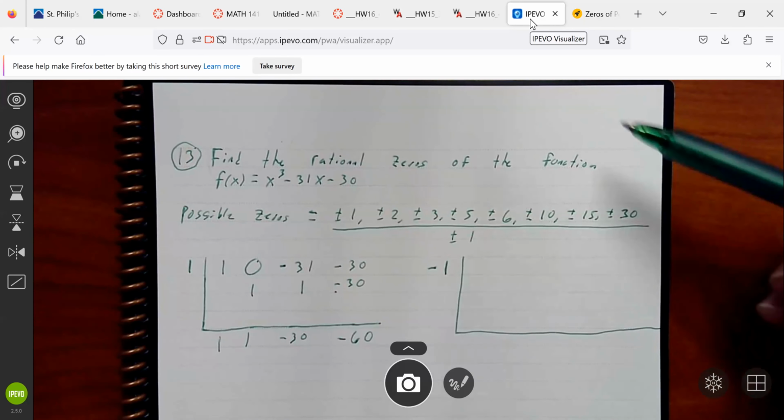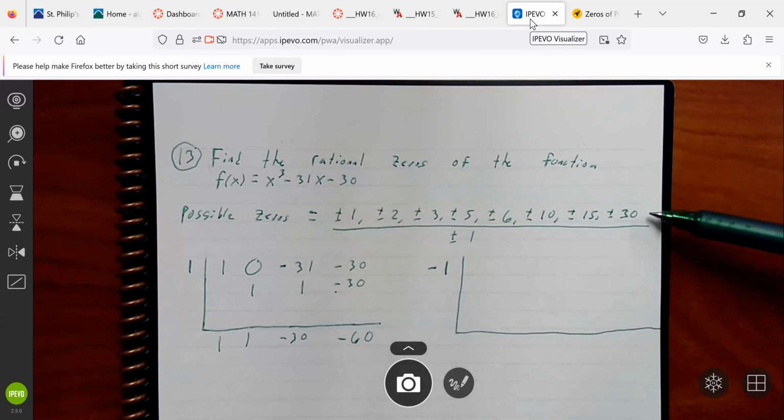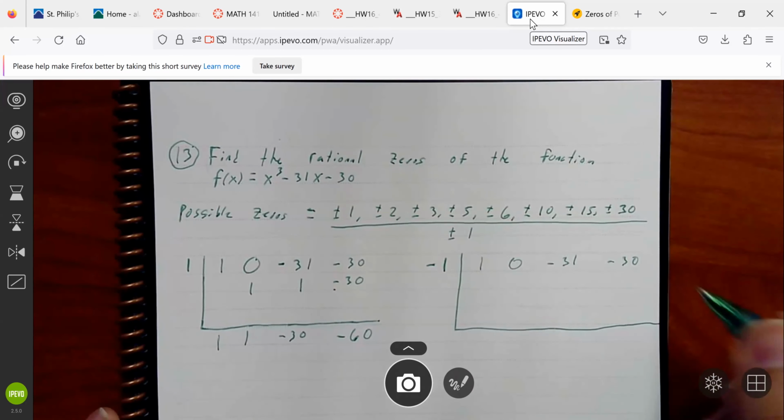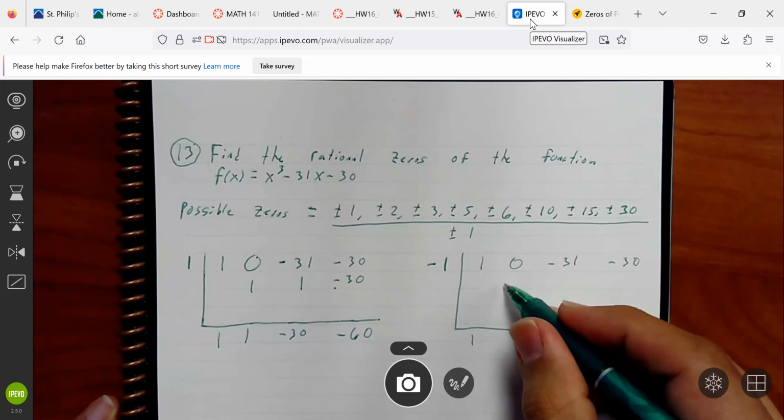Also, you guys see that the possible zeros is just going to be the top part, right? Because dividing by 1 doesn't do anything. Okay, bring down the 1. Negative 1 times that is negative 1. Negative 1 plus that is negative.